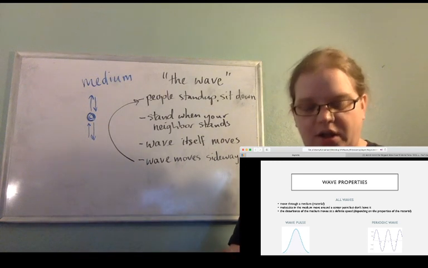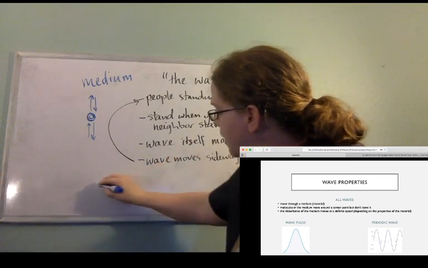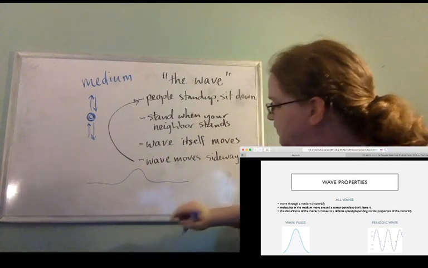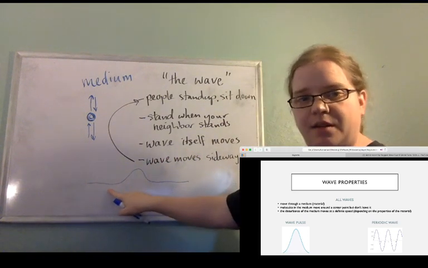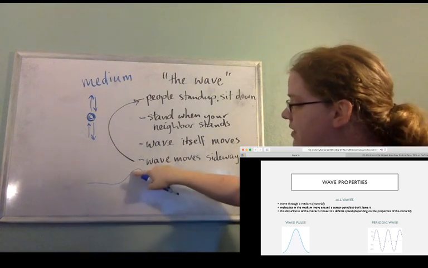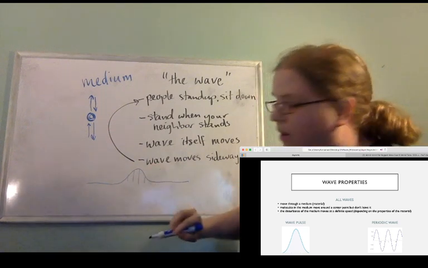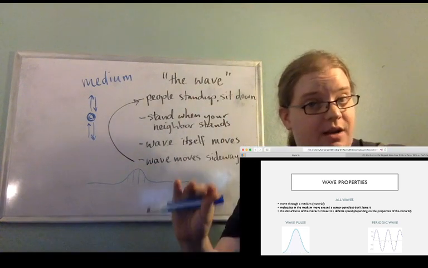I have a couple of examples here on the slide of two different possible kinds of waves. One is like we just saw in the wave, which is called a wave pulse. So what it looks like is anywhere in the stadium where you have a seat and you're still sitting, it's flat, but then there's going to be a couple of people in a row here who are in the process of standing up or sitting down.